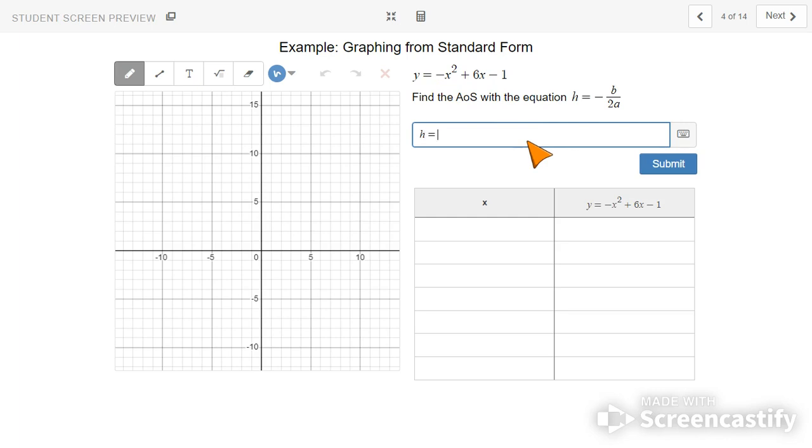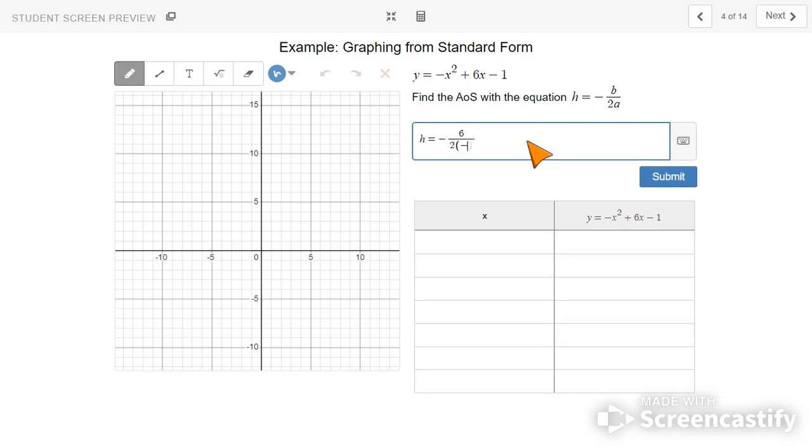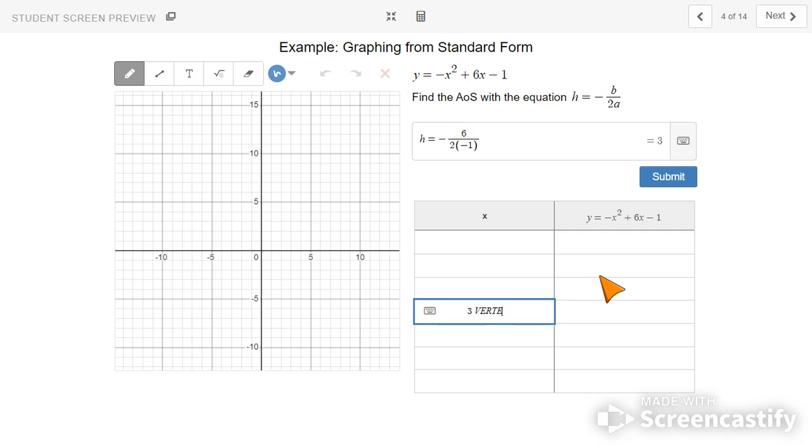I'm going to substitute in my h. h is equal to negative 6 over 2 times negative 1. The h value is 3. So I'm going to place my 3 here, knowing that this is my vertex.